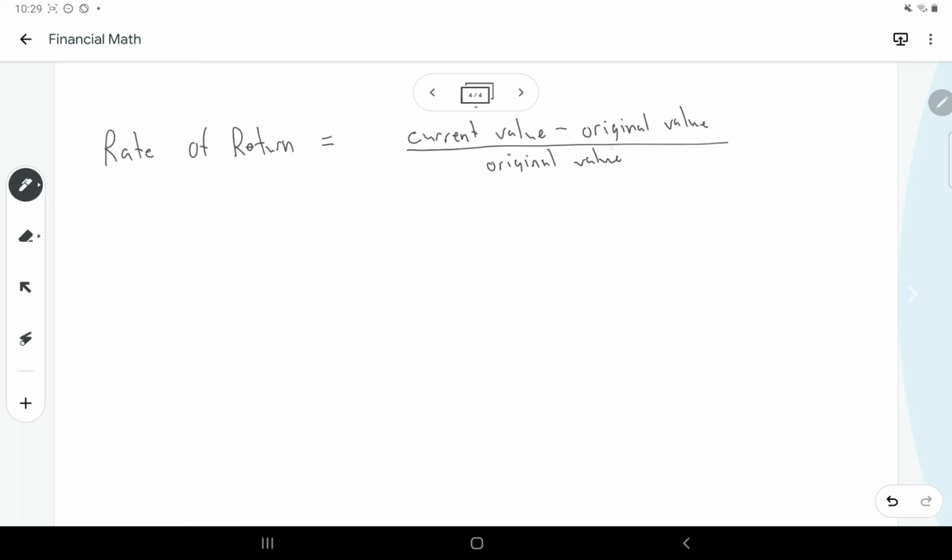Okay, so I use those terms because this isn't necessarily going to be the future value or the present value. It is the value of when you were looking at it versus when you started. But for the purposes of simple interest, it will be the current value is your future value minus the present value over the present value. Okay, and then times 100%, just to go from a decimal to a percent.